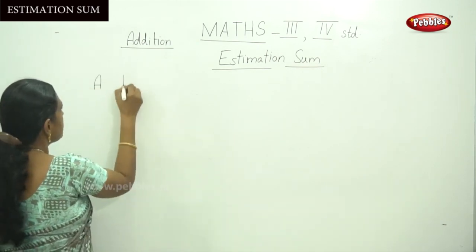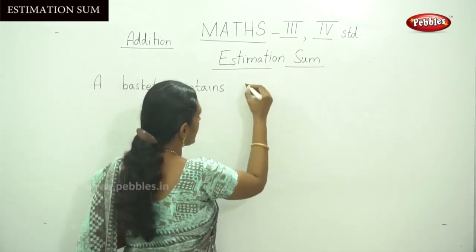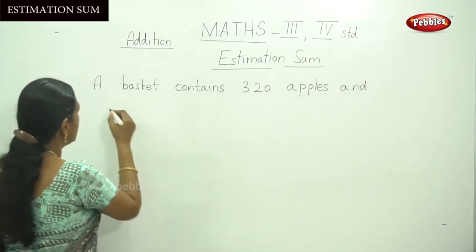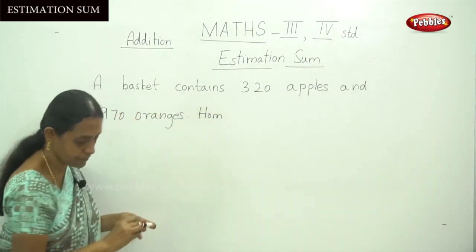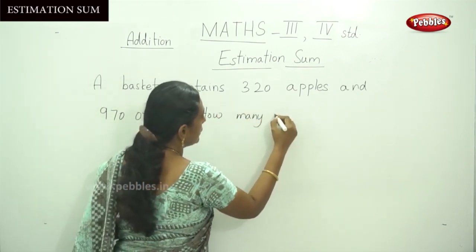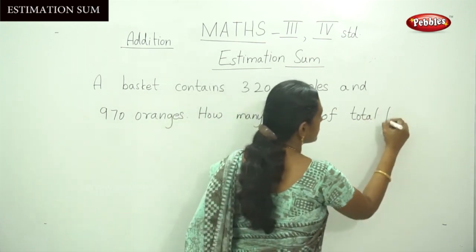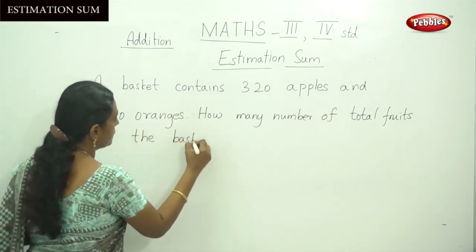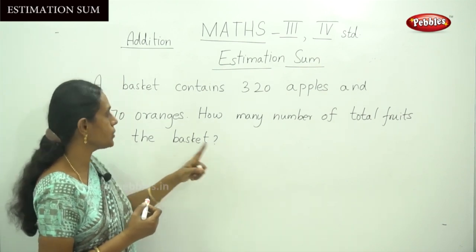I will explain with one example: a basket contains 320 apples and 970 oranges. How many total fruits are in the basket? A basket contains 320 apples and 970 oranges. How many total fruits are in the basket?